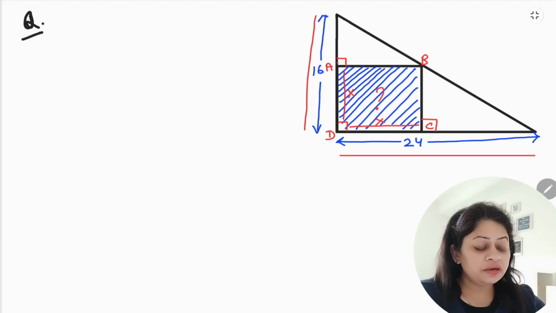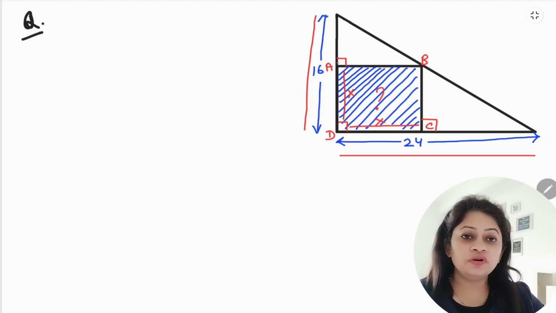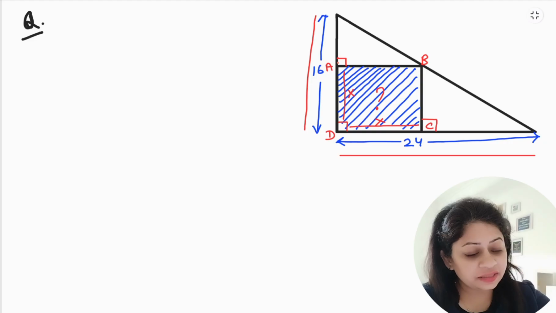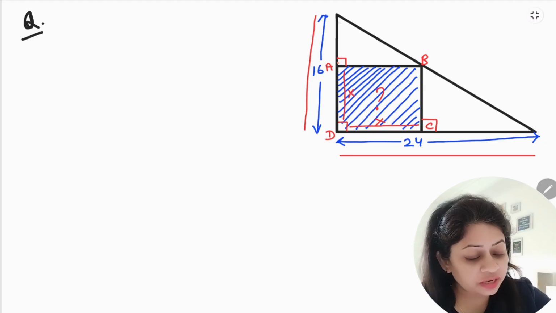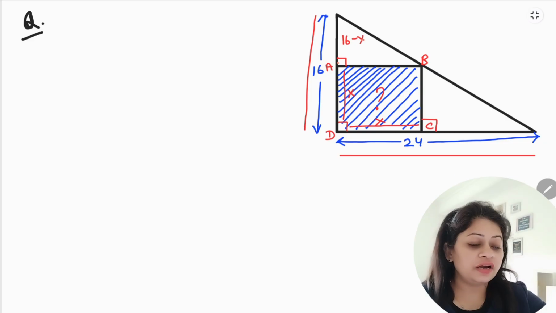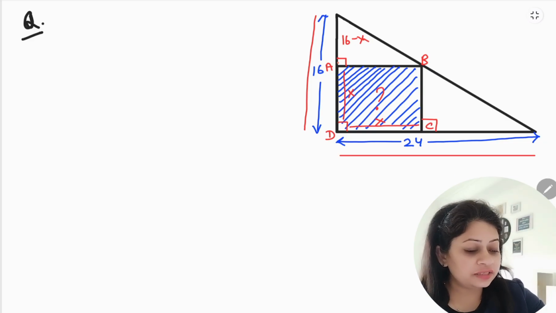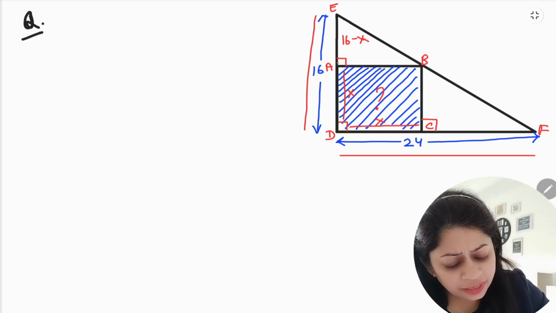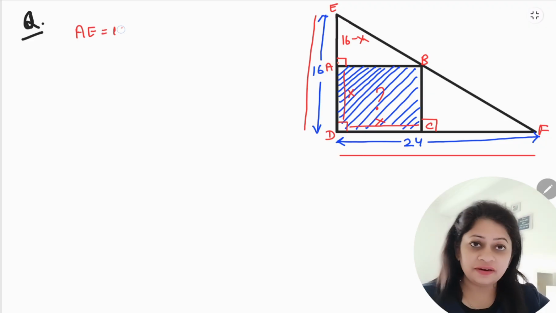Now what can I tell about this? Now after this what can I tell? I can see that if this side is x, this remaining side will be 16 minus x, right? In this triangle AB, I can say E and this I can say F. Okay, so AE is equal to what? 16 minus x, right?